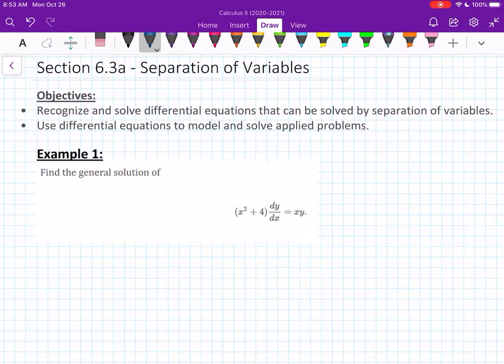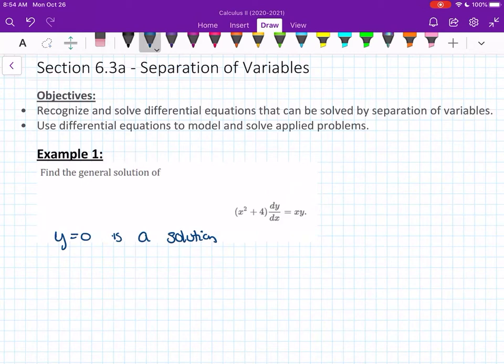So our first example is to find the general solution of the quantity x squared plus 4 dy dx equals xy. And so one thing when we solve differential equations is we always want to take note if y equals 0 is a solution or not. So y equals 0 is a solution to this problem, because the derivative of that is 0, so I'll get 0 equals x times 0, so 0 equals 0.